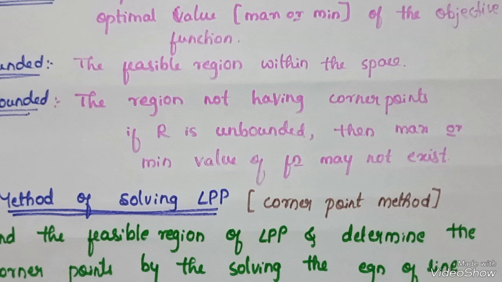When taking x equal to 0 we get the y value, and when y equals 0 we get the x value, and draw a graph of the given equations. After that, find the feasible region, that is, shade the region which is common to both lines.